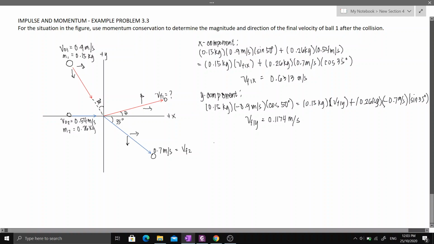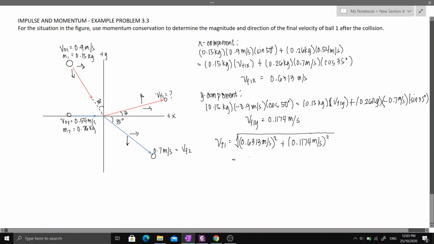So for the magnitude of v sub f1, this is equal to the square root of 0.6313 meters per second squared plus 0.1174 meters per second squared.